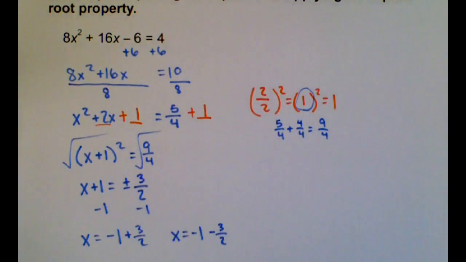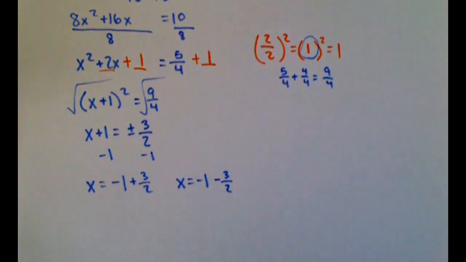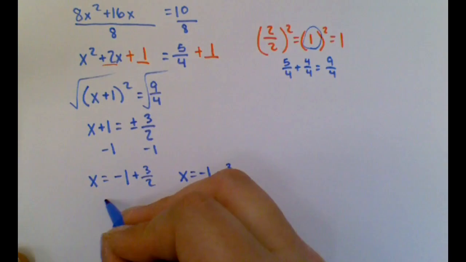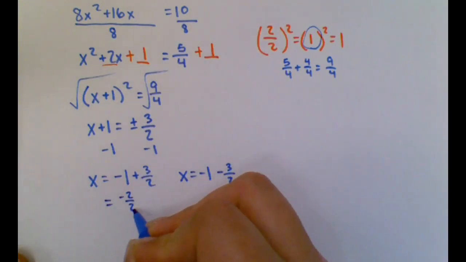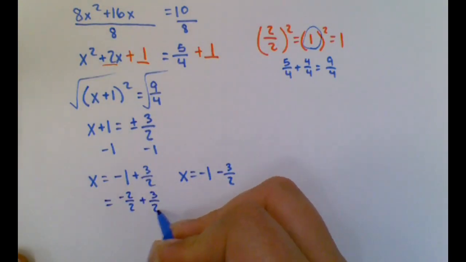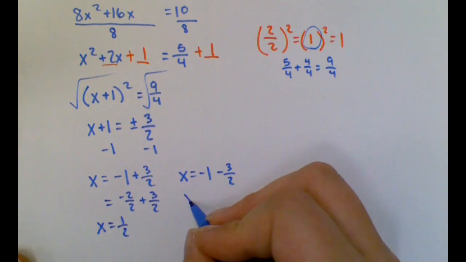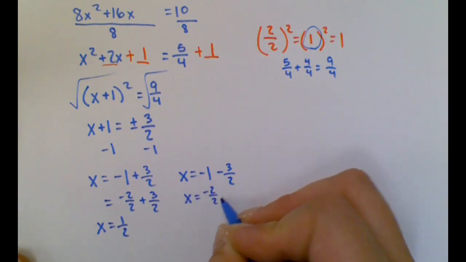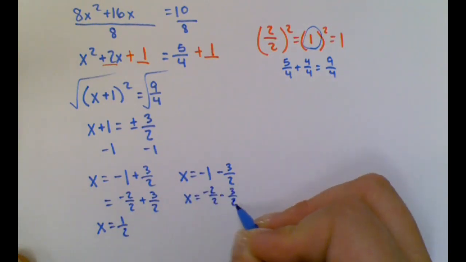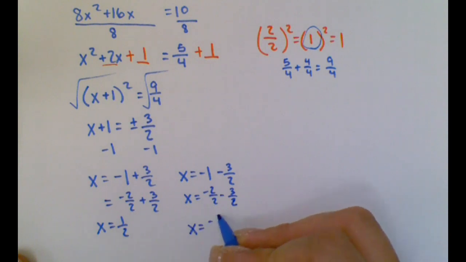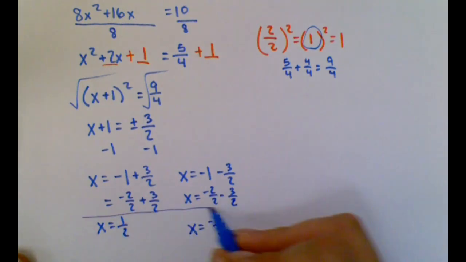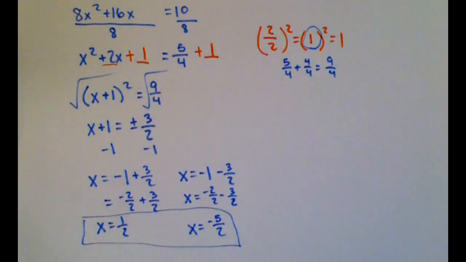Now these are actual numbers, no square roots left in them, so we have to figure this out. Negative 1, remember, we can rewrite as negative 2 over 2. And negative 2 over 2 plus 3 over 2 is 1/2. And same thing for this one, negative 2 over 2 minus 3 over 2. That makes negative 5 over 2. Those are our two solutions.